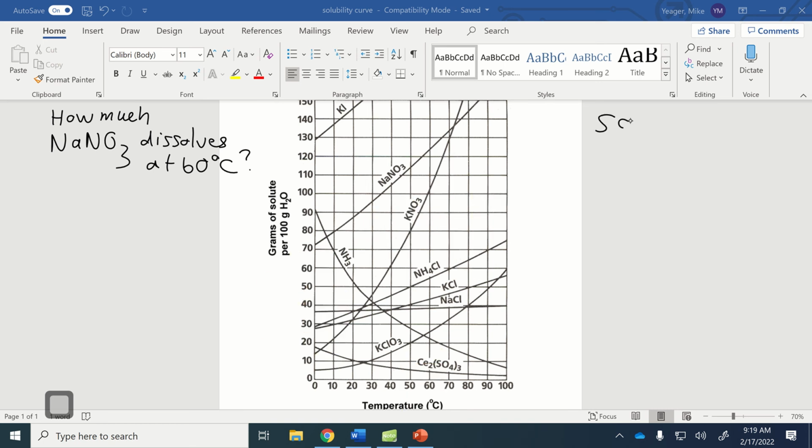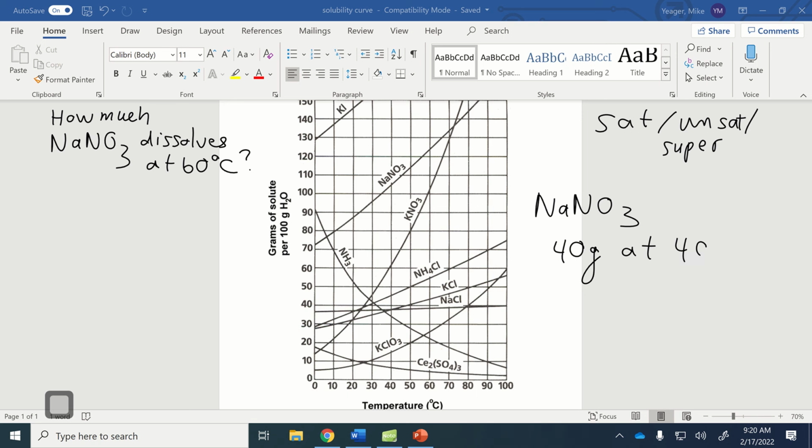Other questions I can ask: is it saturated, unsaturated, or supersaturated? So what I would do there is, I'm going to use NaNO3 again. You have 40 grams of NaNO3 at 40 degrees Celsius. Would this solution be saturated, unsaturated, or supersaturated? So I would go to 40 degrees, 40 grams.